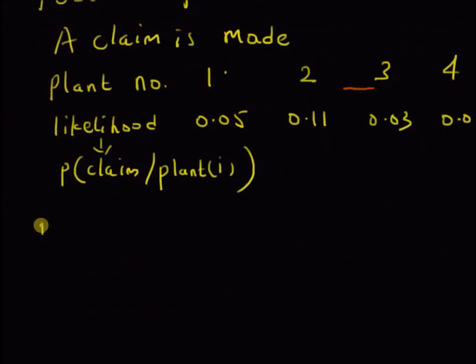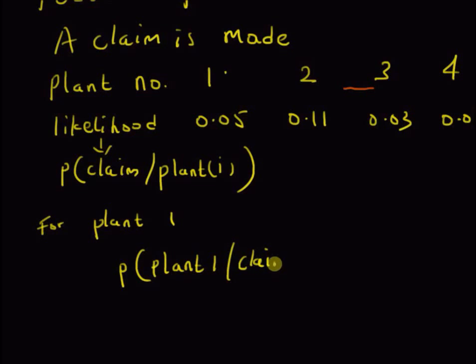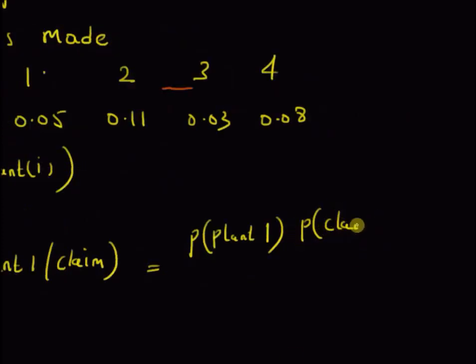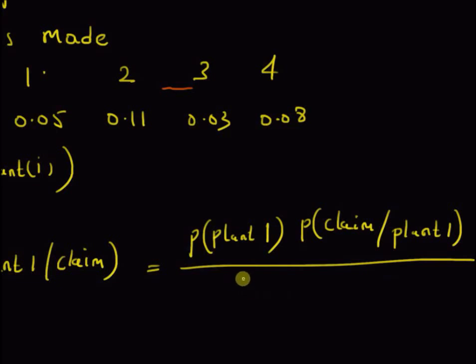That is, for example, for plant 1, the posterior probability that the car is from plant 1 given the claim is made is equal to the prior probability of plant 1 multiplied by the probability of claim given plant 1, that is the likelihood probability corresponding to plant 1, divided by the total claim probability, that is the total probability of making a claim.